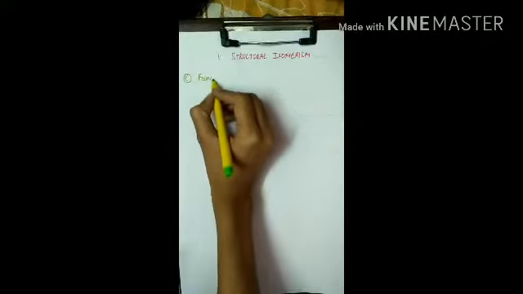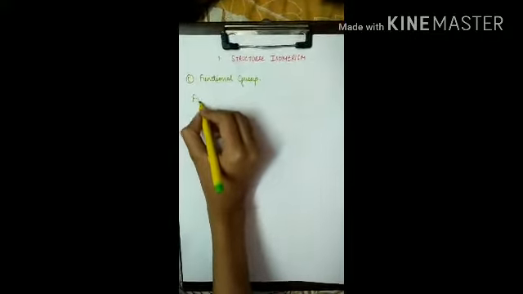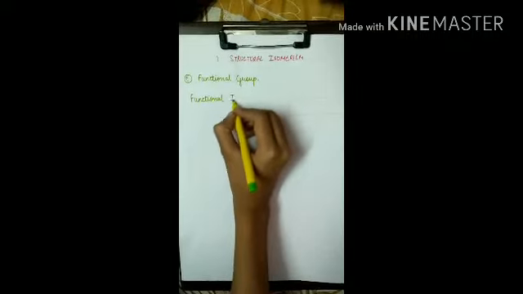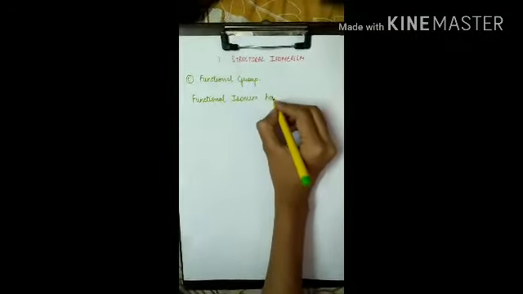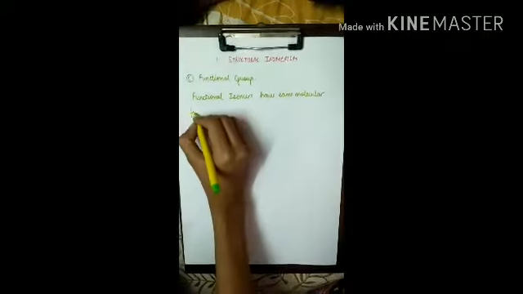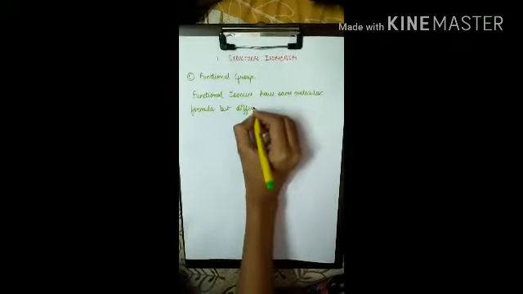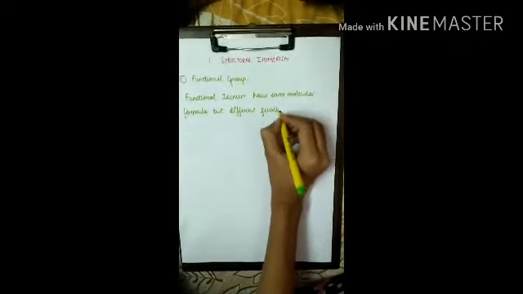Let's see the third type of structural isomerism, that is functional group isomerism. When two or more compounds have the same molecular formula but different functional groups, they are called functional isomers, and this phenomenon is termed functional group isomerism.